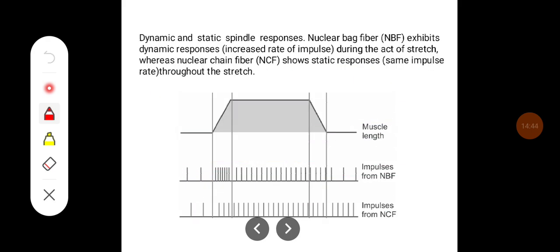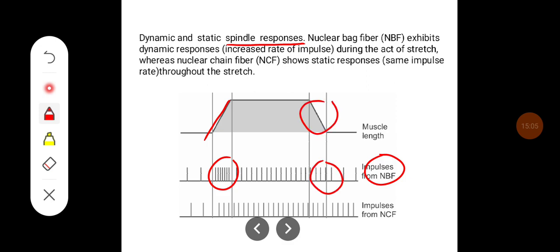Okay. So here in this diagram you can see the spindle responses. When the muscle length changes, you can see in the nuclear bag fibers an increase in the response. And when the muscle length is reducing, you see less response in the nuclear bag fibers than normal.